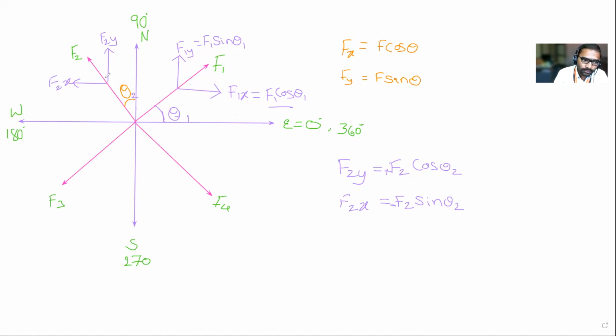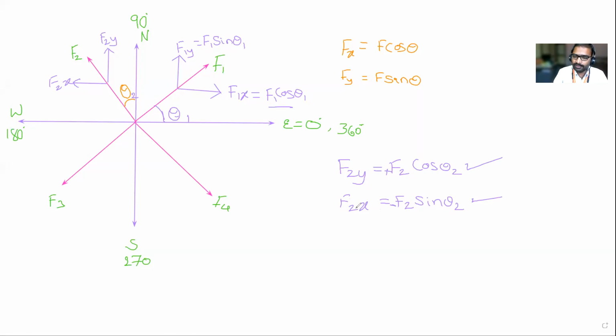Next, F2 is making an angle theta 2 with respect to the vertical direction, that is the y direction. That's why F2y we have taken cos theta 2, and the remaining F2x is sin theta 2.